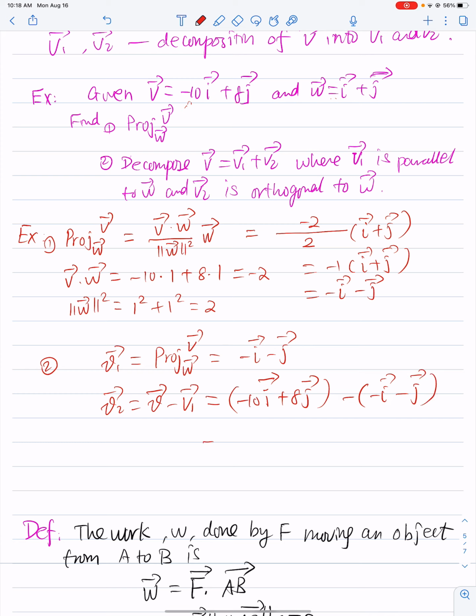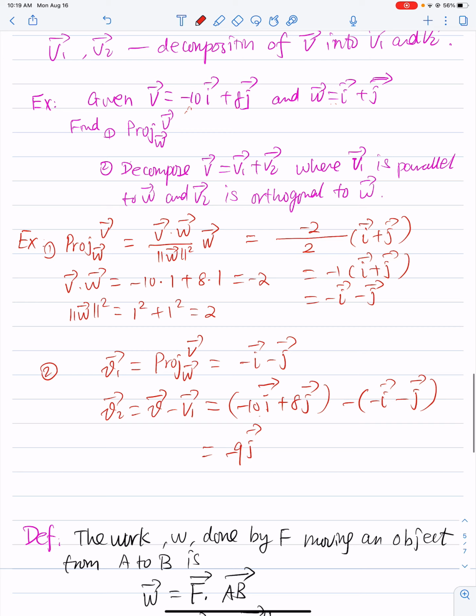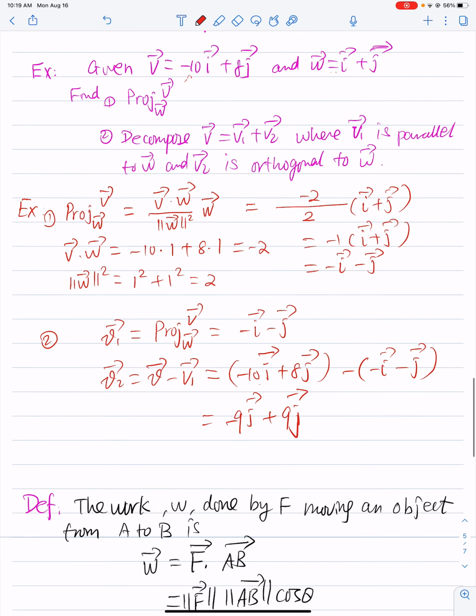Be careful of the signs, yeah? Negative, negative, plus 1, so negative 9i. 8 minus 1 is plus, 9j. So it's negative 9i plus 9j. Are you okay? Yeah, perfect.